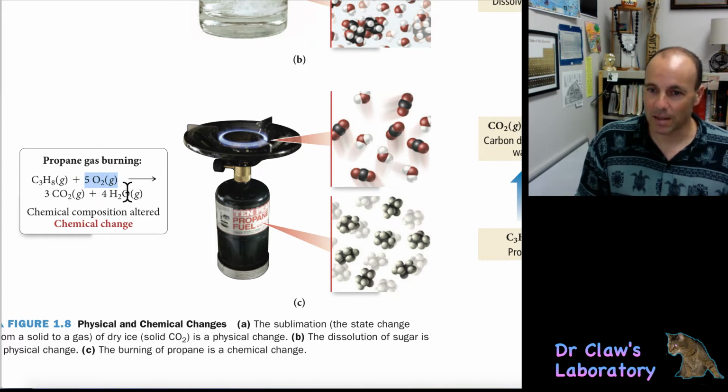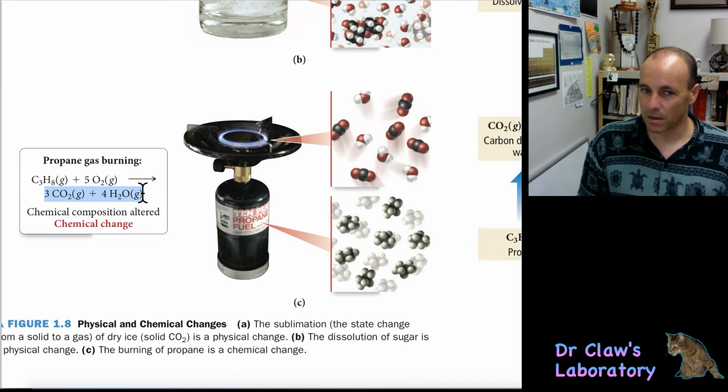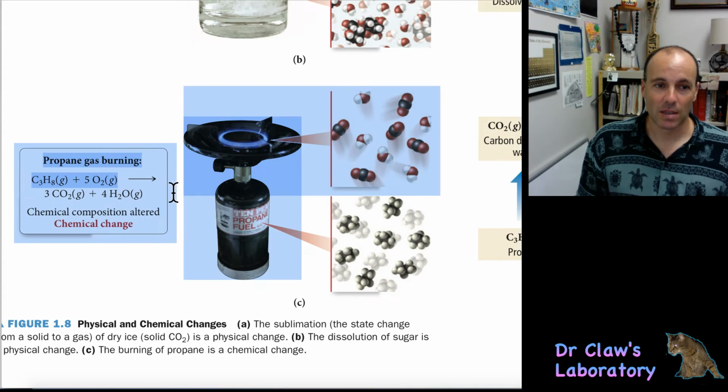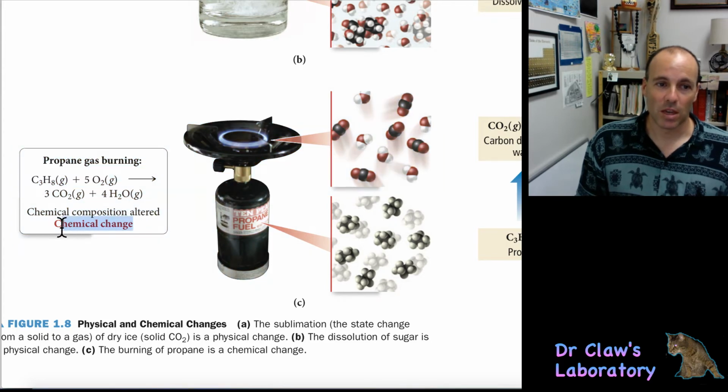We'll talk about balancing chemical equations later, but basically the propane gas and the oxygen gas form carbon dioxide gas and water gas. So this is what you have at the beginning, and that's what you have at the end. So substances changed their identity. You made something new, and that's a chemical change. When you make something new, that's a chemical change.